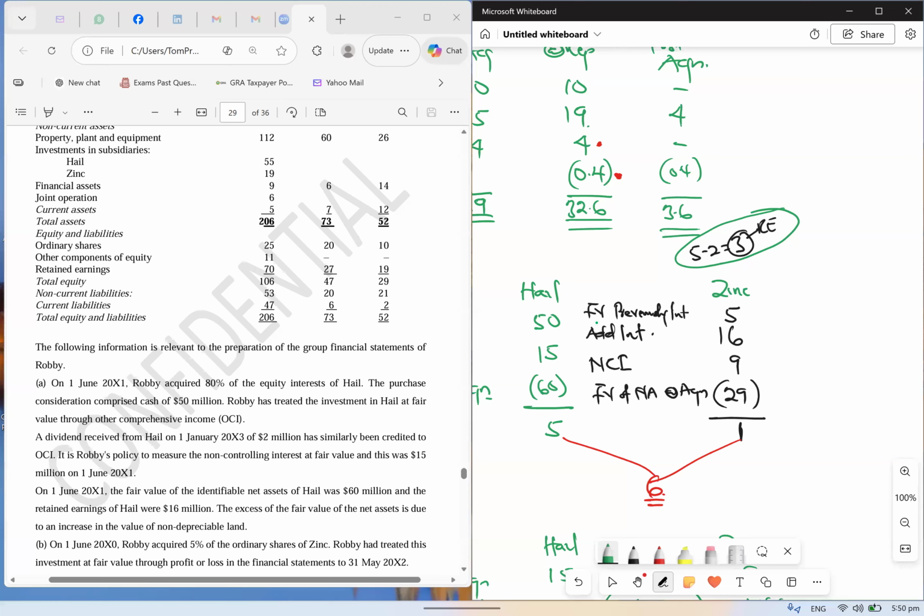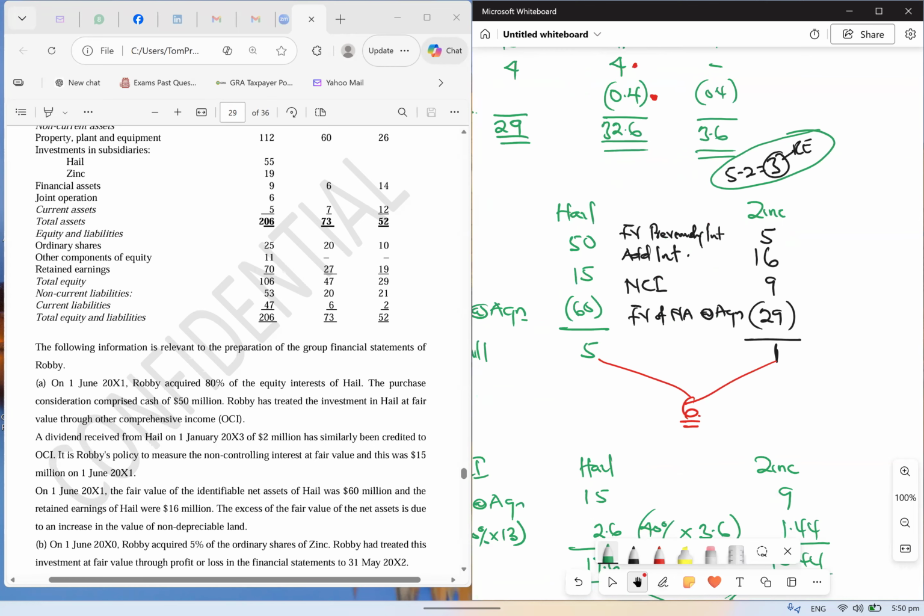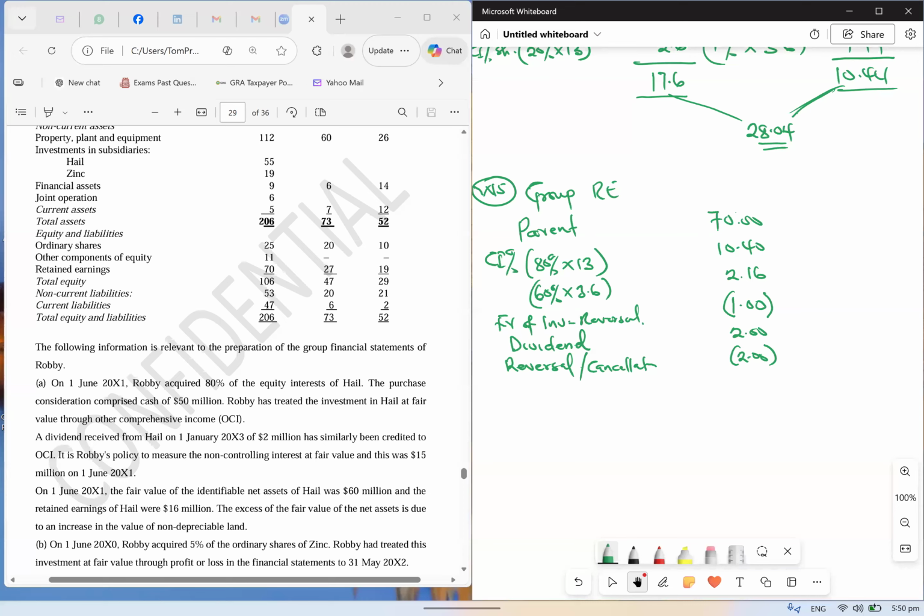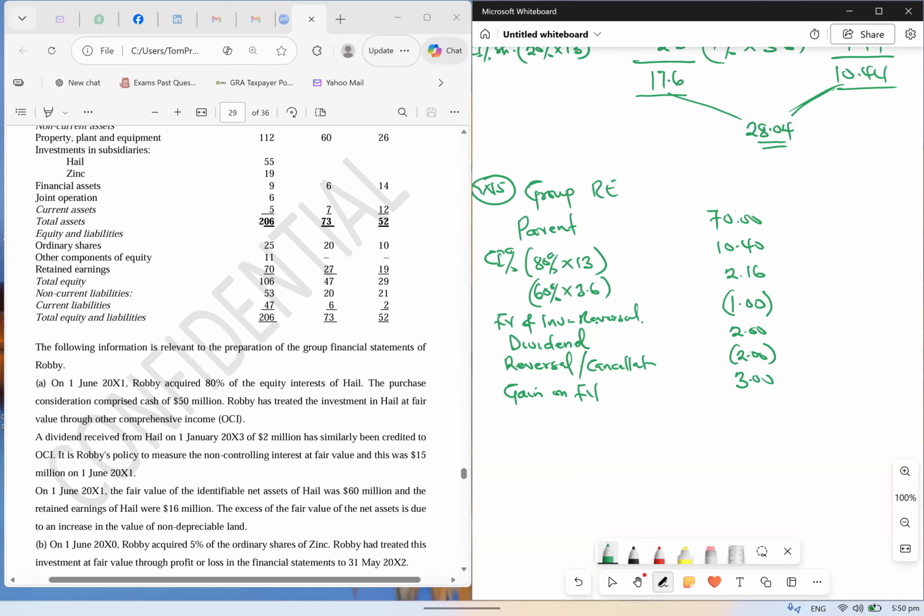You must take note of that. He had a gain of 3. So that 3 must also be recorded. Anytime there is step acquisition, note that. So gain on fair value, that one is 3. So you put it there. All right. So that is that.